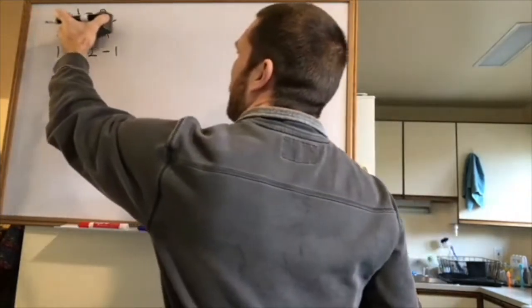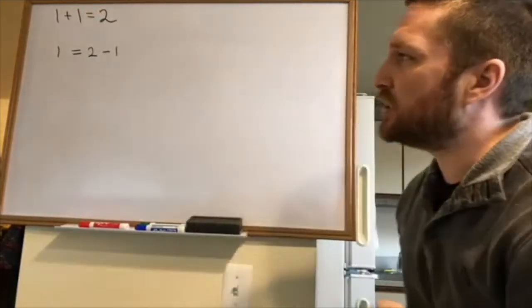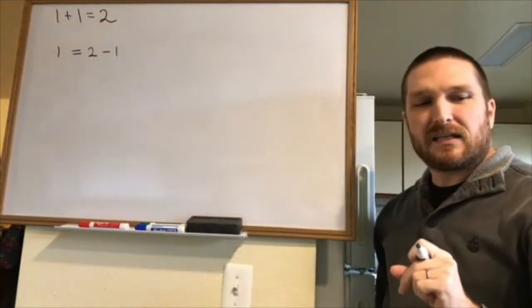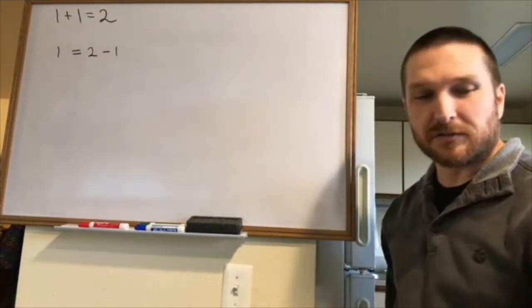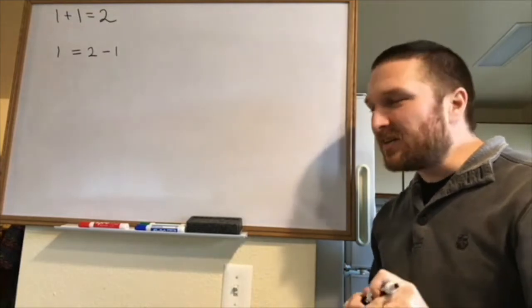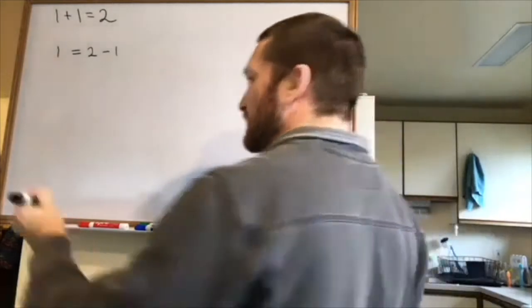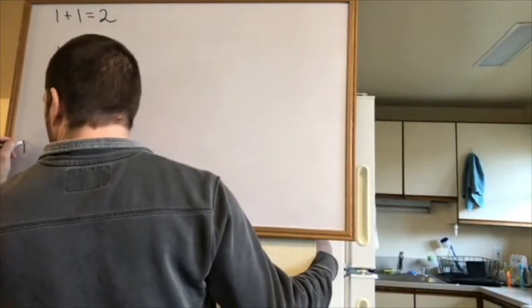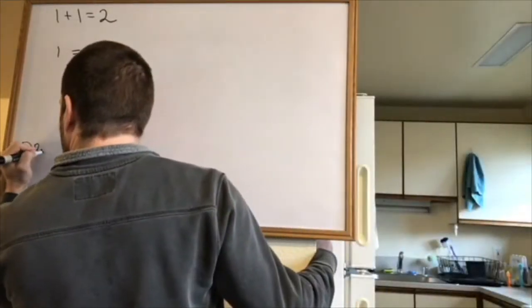Okay, so in other words, I've just rearranged the equation and I got a new equation. Is the new equation true? Yes. Right, okay. So I'm starting to see here's an observation. We're going to make our first observation, and I'm going to write it like this. We can rearrange.